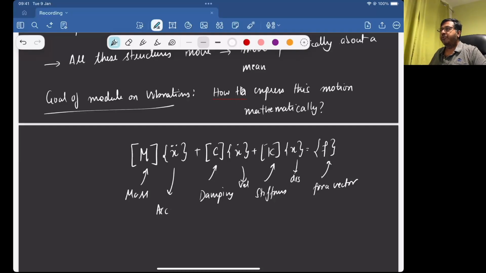If I know any object and I want to characterize how it is moving, for example, the aircraft wing might not have the same stiffness as a Formula 1 car or a wind turbine. So we want to understand, when the material changes and the stiffness changes, how is it going to affect the overall behavior of this wing?